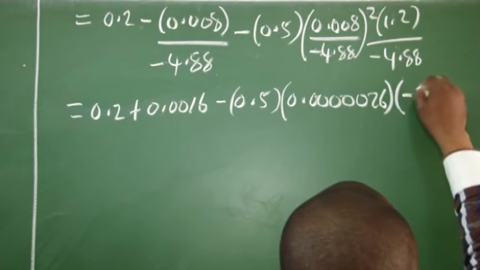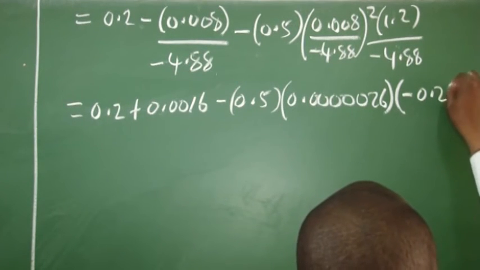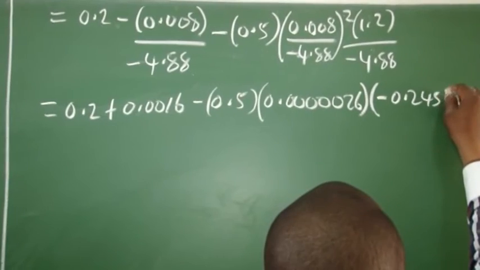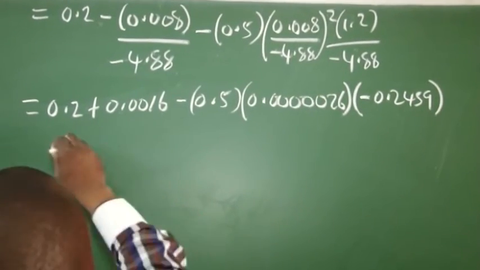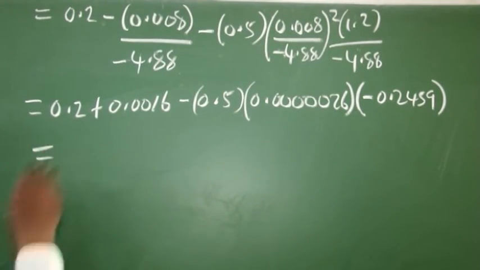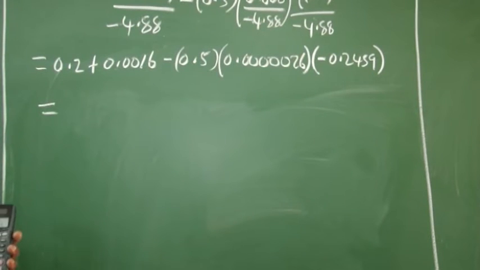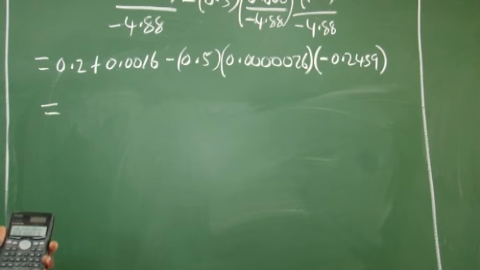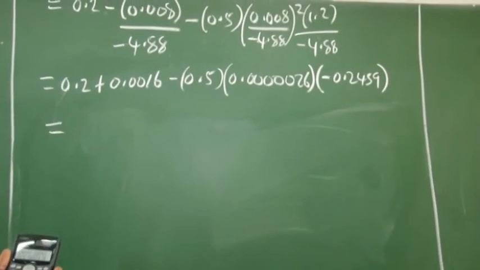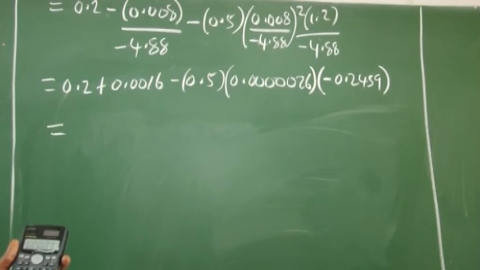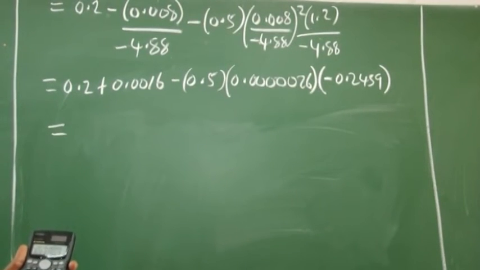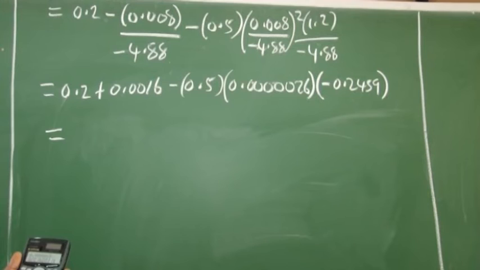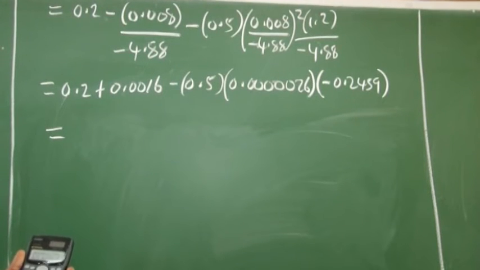That gives us minus 0.2459. Then we are going to compute this: 0.2 plus 0.0016 minus 0.5 times 0.000026 minus 0.2459.